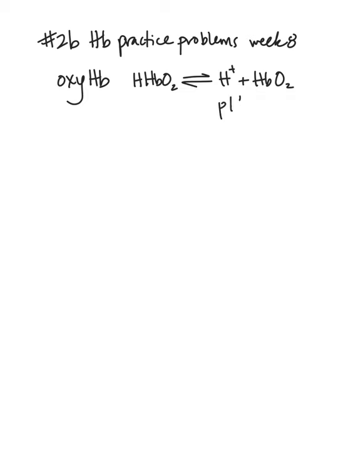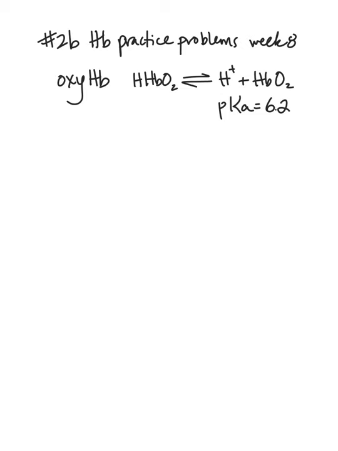And you're given some reactions. For oxyhemoglobin at a particular residue, there's protonation, and that proton can come off that residue. And that reaction is described with a pKa of 6.2.